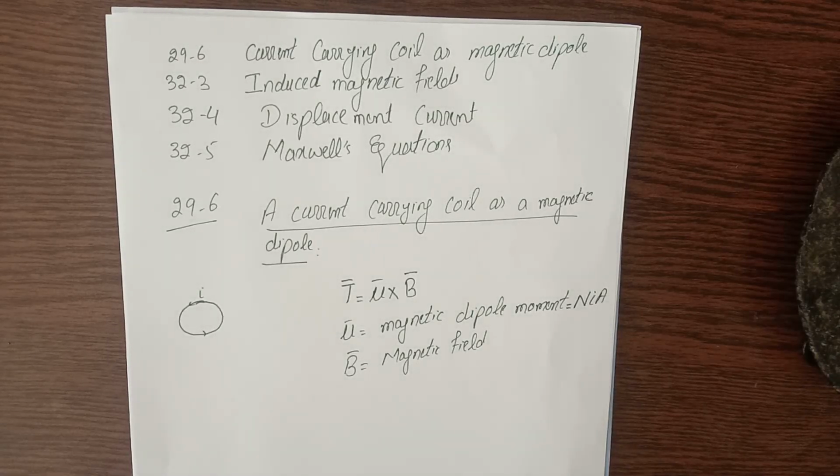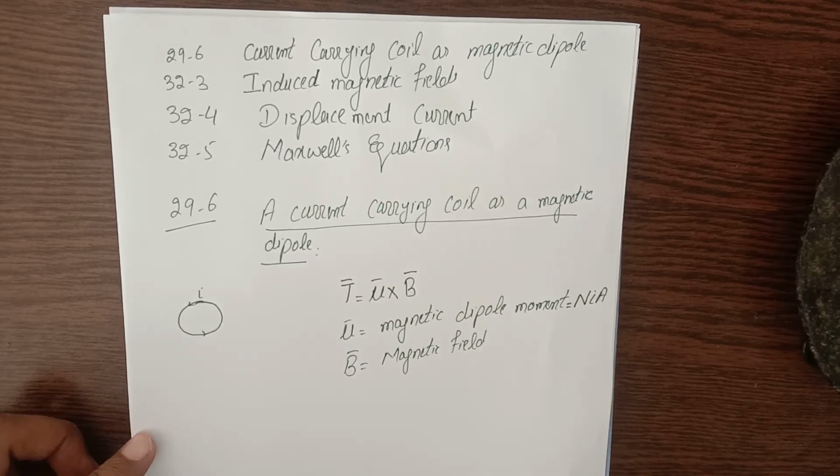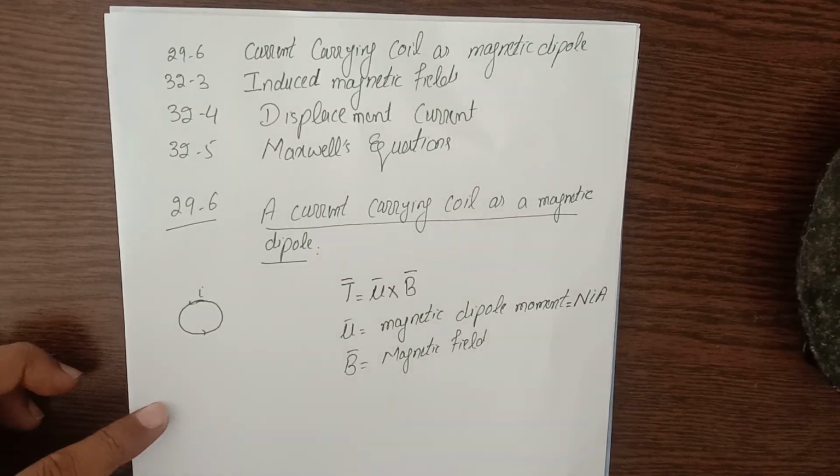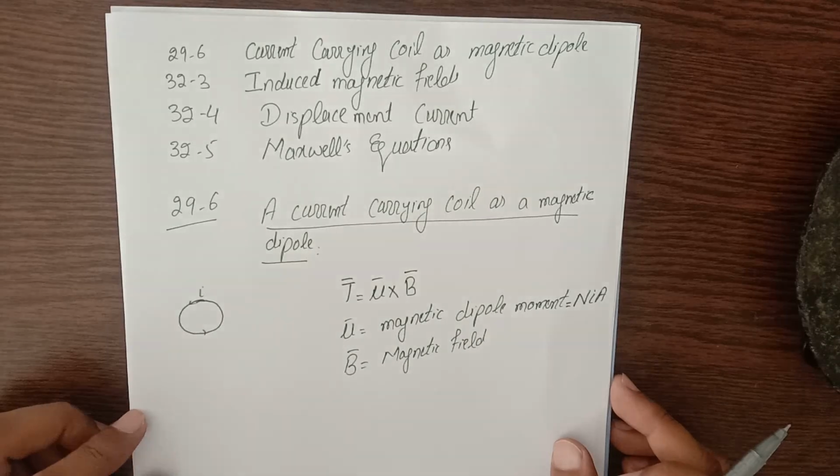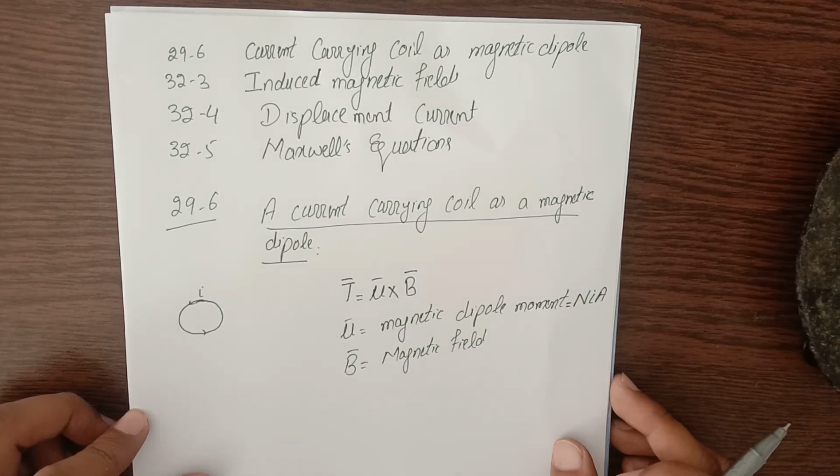Now as we have discussed mu, we would be discussing the magnetic field of the coil. To find the magnetic field, it doesn't have the symmetry that we can use Ampere's law with.